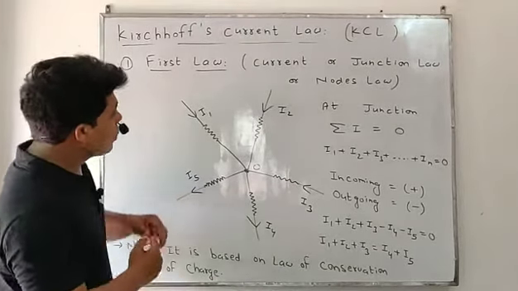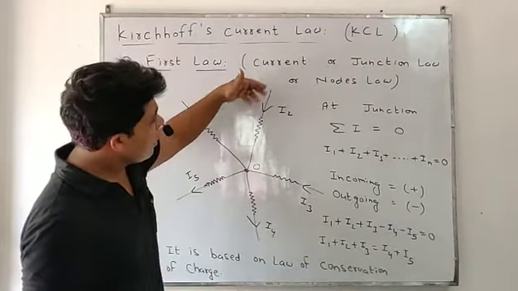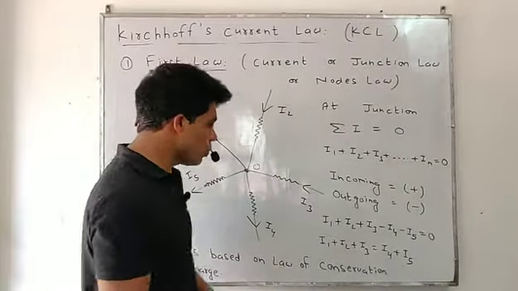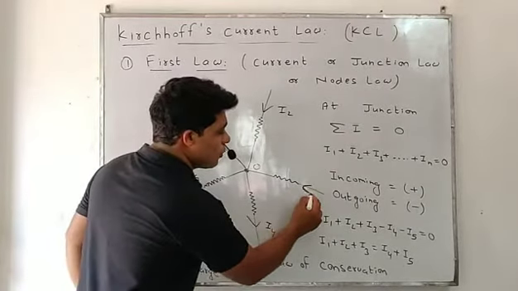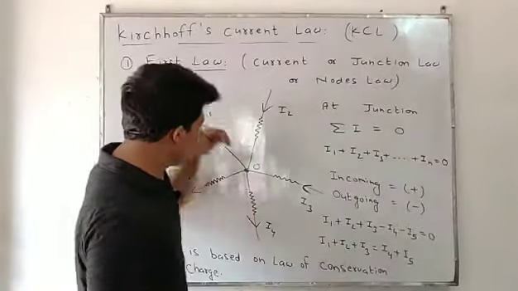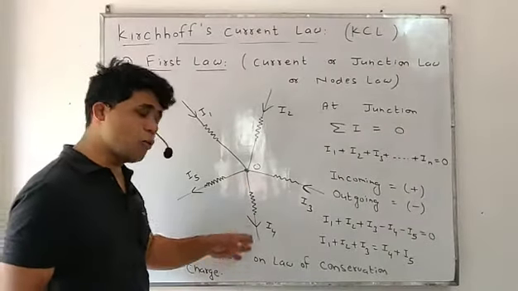So look, I1 is coming towards the node, incoming, so plus I1. I2 is also coming towards the node, so plus I2. See, I3 is also coming towards the node, so plus I3. Incoming current will be taken with positive sign, while I4 and I5 are leaving current, outgoing current.